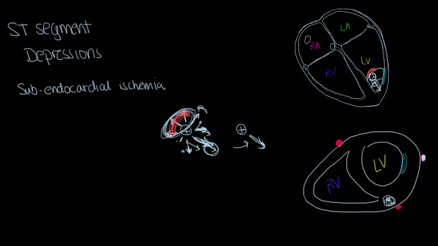Another thing to consider is that as this ischemia progresses and the cells within the ischemic area start to destabilize and their cell membranes start to destabilize, it'll start leaking its contents, and part of what leaks is potassium.